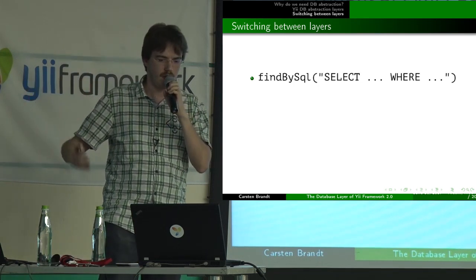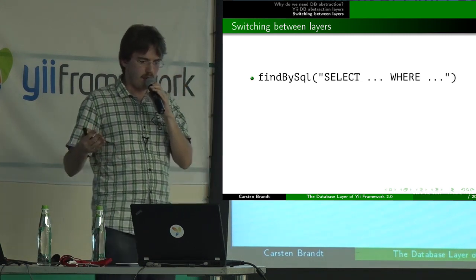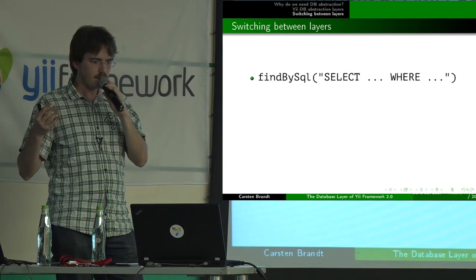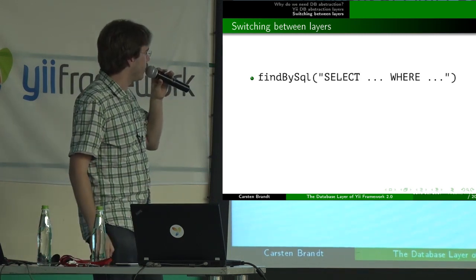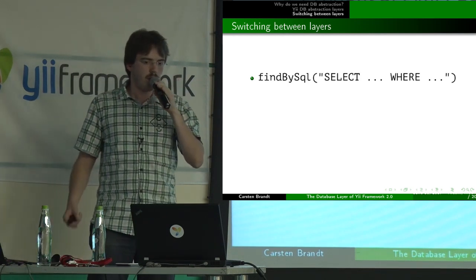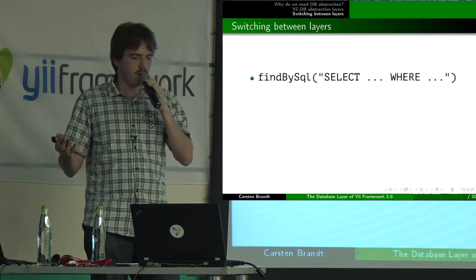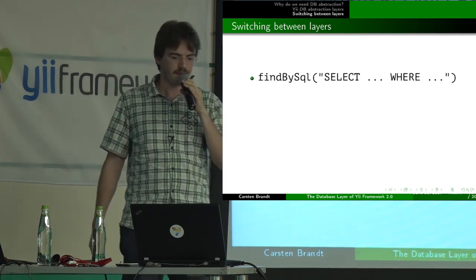So you want to express the query in plain SQL. In this case, you can call find by SQL on the active record, and then the result will be returned. It will still return the active record objects.